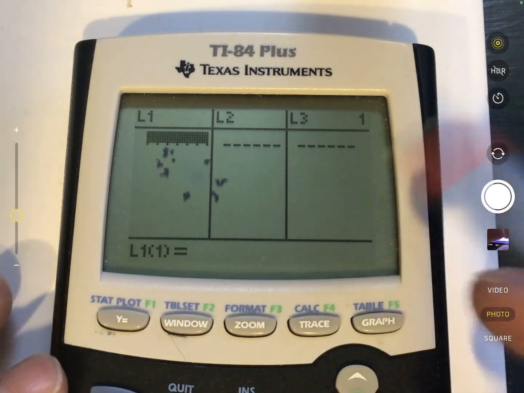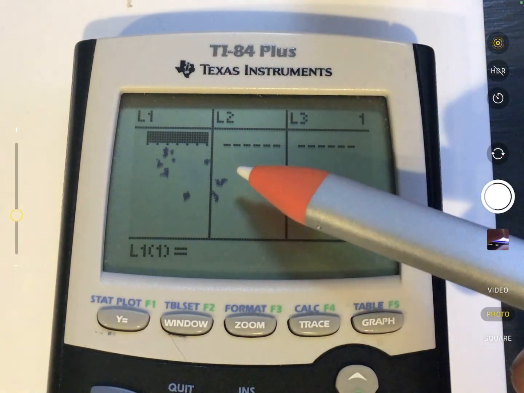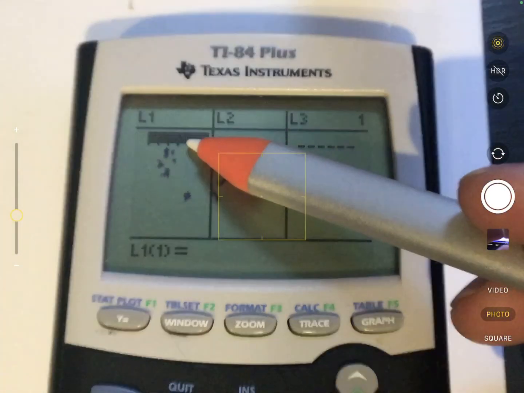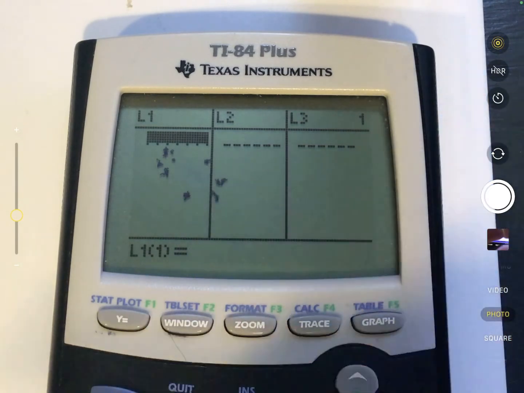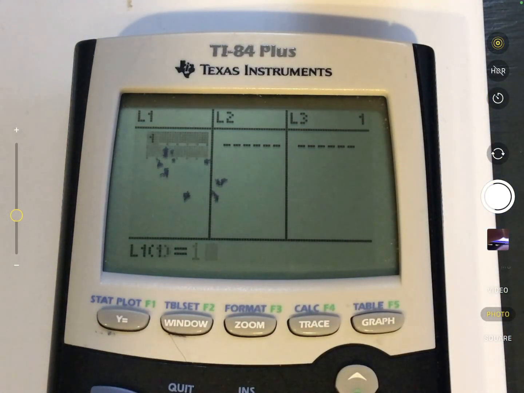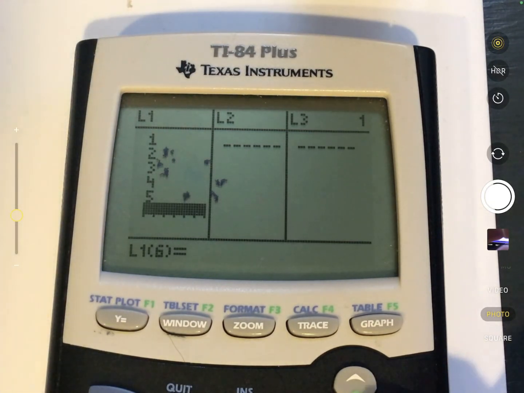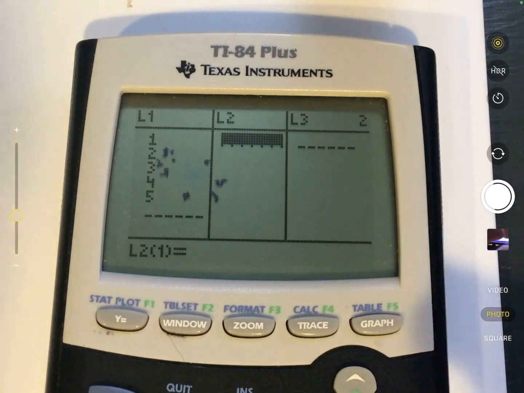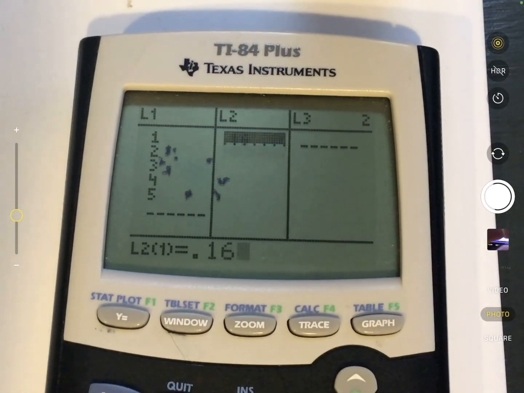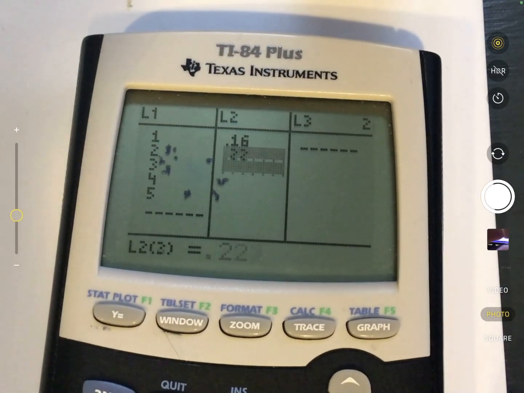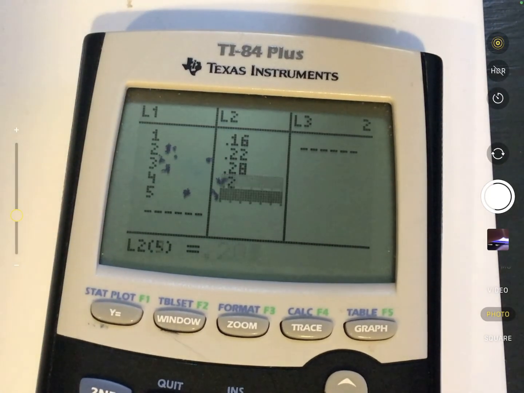So if you have things in L1 and L2, you can clear them out. Then we put in all the outcomes, which were 1 through 5. On the right side was the probability, which you can go back and check, but you can trust that I'm putting in what I had a few minutes ago.